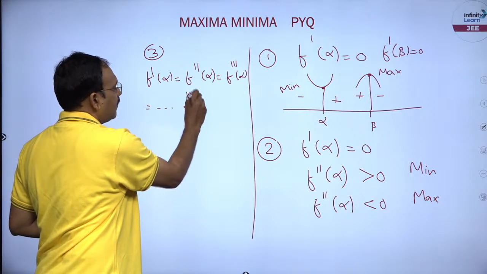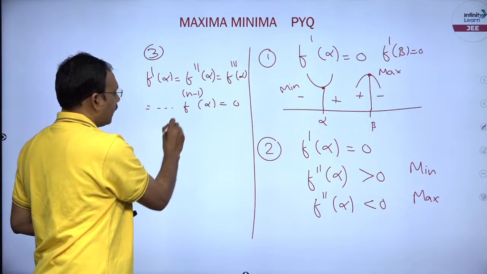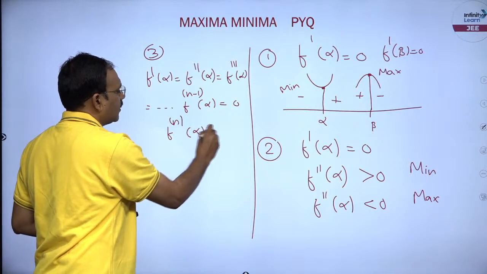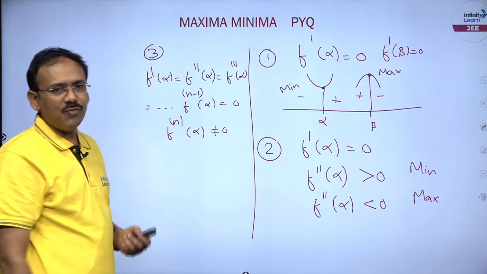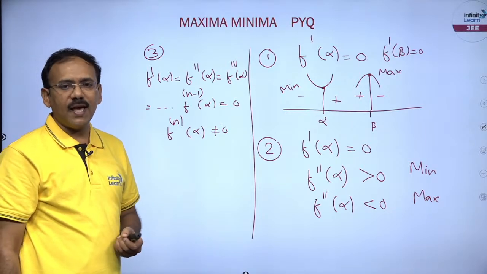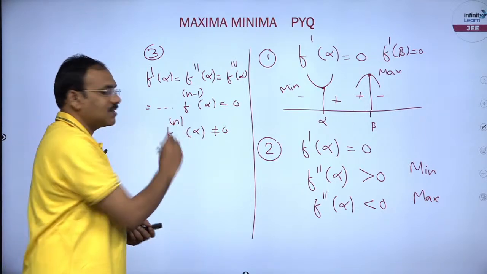Suppose the (n minus 1)th derivative at alpha is 0, but the nth derivative at alpha is not equal to 0, right. In this situation, what can you say about the maximum minimum nature? It depends on this n.